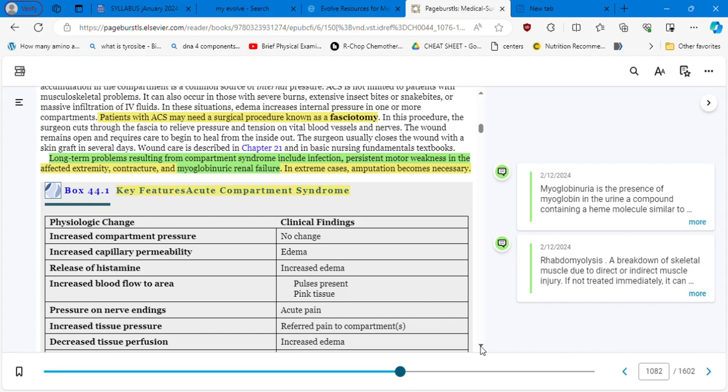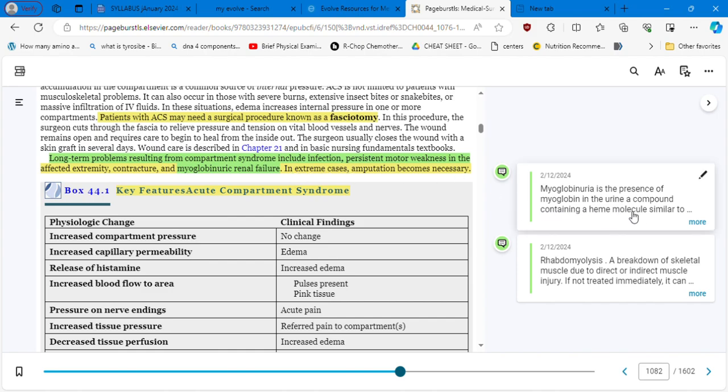Long-term problems resulting from ACS include infection, persistent motor weakness in the affected extremity, contracture, and myoglobinuria renal failure. That's why it's very important to conduct your neurovascular assessment.